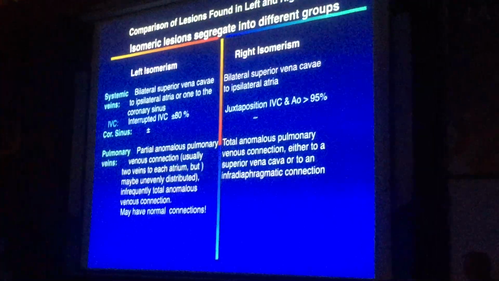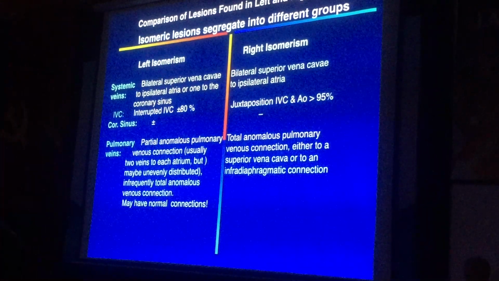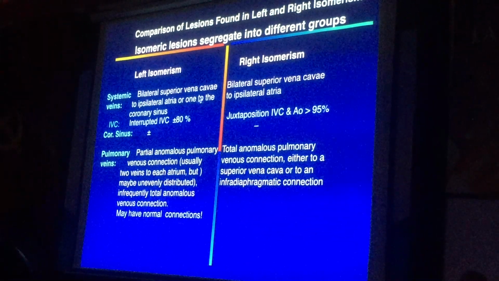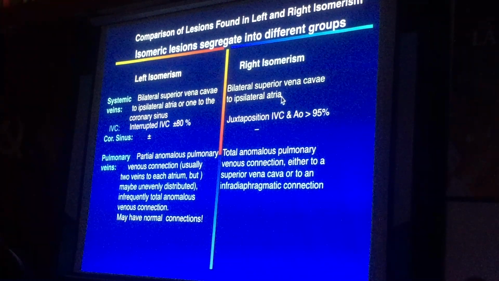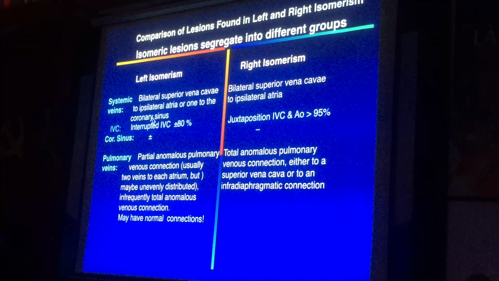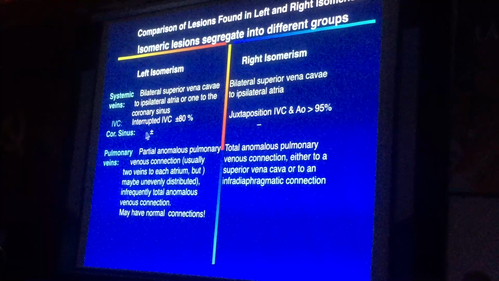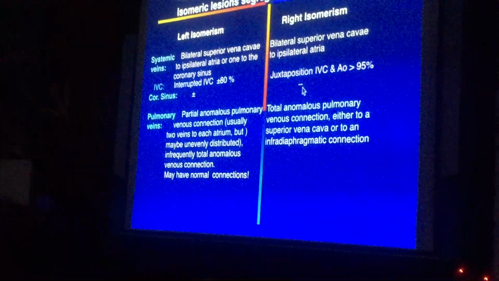So I've developed this little law, which I keep for myself, based on my own experience, about how you look at left isomerism and right isomerism. You start looking at the systemic veins: bilateral superior vena cavas in both, but in the one, one goes to a coronary sinus with a coronary sinus septal defect, and a coronary sinus has never been seen in right isomerism.